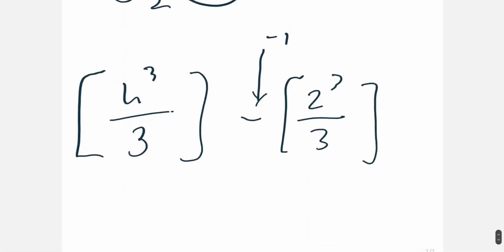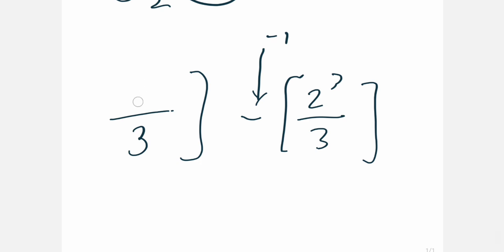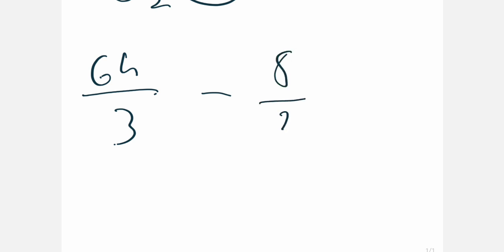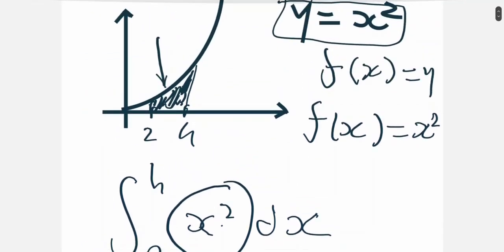So, if we put this into our calculators, we will get 64 over 3 minus 8 over 3. Perfect.